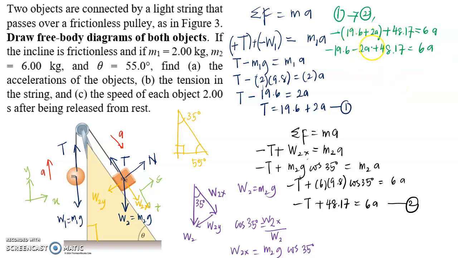So I'm going to bring negative 2a to the right hand side of the equation. So it will be 6a plus 2a, and then on the left hand side we can solve this by adding 48.17 to negative 19.6.